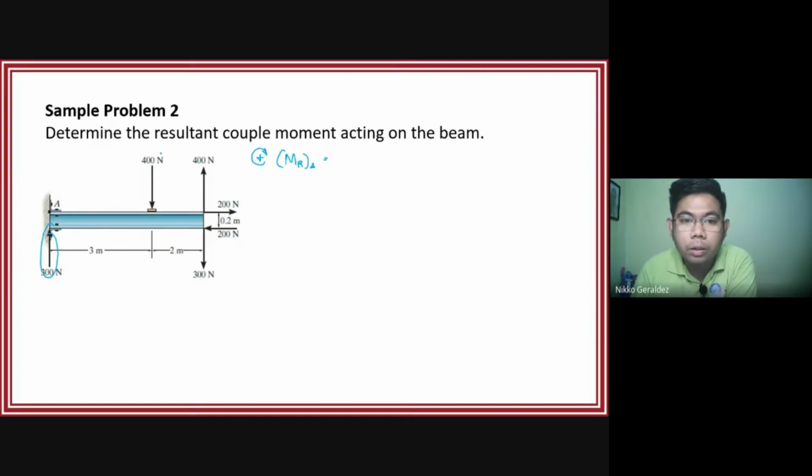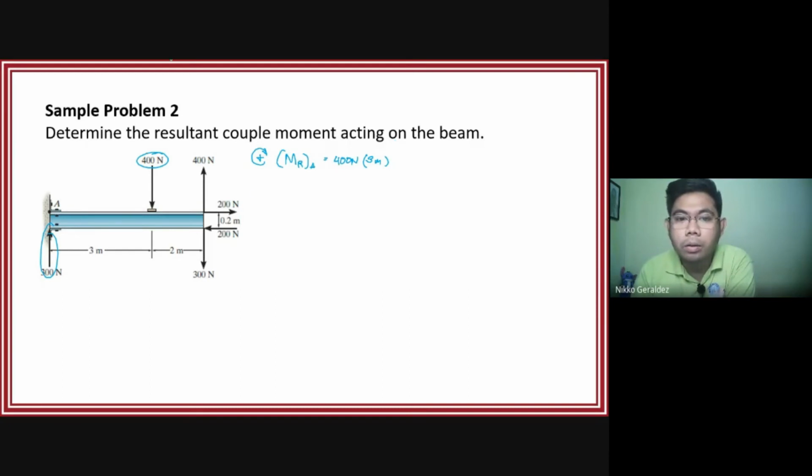Next, itong 400 Newton will produce a clockwise moment. So, positive, so that is 400 Newton times perpendicular distance, 3 meters.